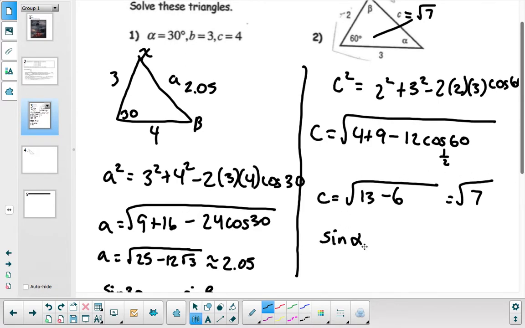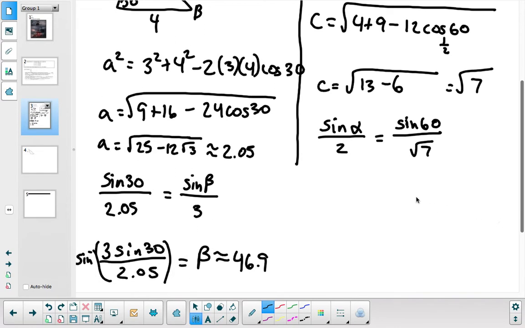Sine of alpha over 2 is equal to sine of 60 over root 7. And then solving for alpha, you're going to multiply by 2 and then take the inverse sine.